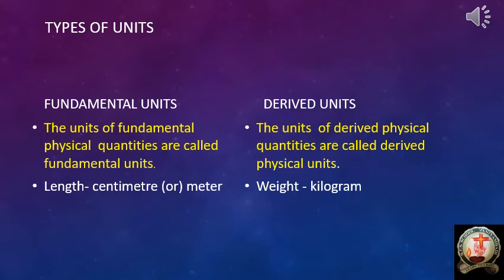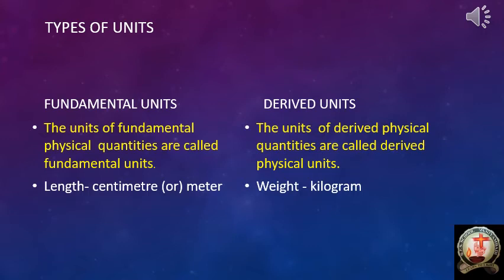Now the next one is derived units. The definition of derived units is, the units of derived physical quantities are called derived units. I would like to give one example. Weight is an example of a derived physical quantity.